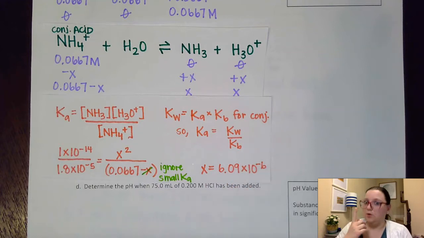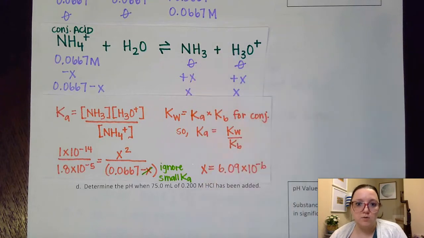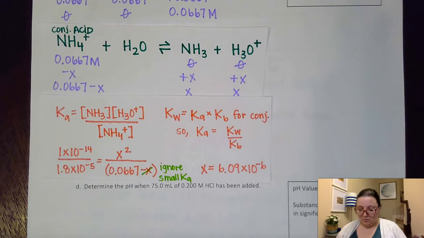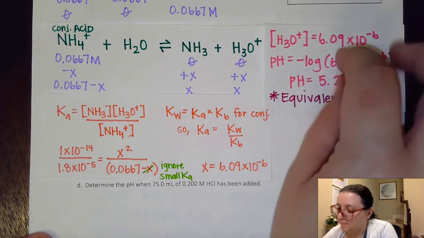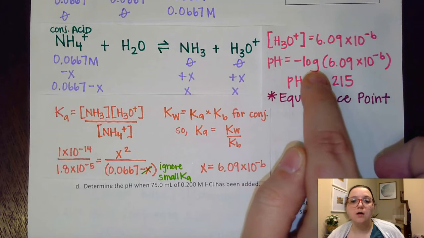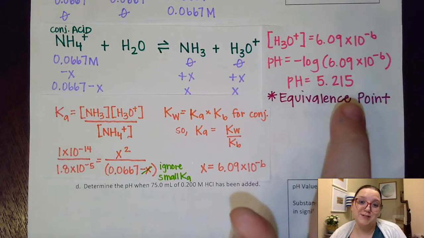So now, what does x represent? Well, yeah, it represents NH3 at equilibrium, but more importantly, it represents hydronium at equilibrium. And so if I'm trying to get to pH, now I can simply just take the negative log of that hydronium ion and solve for my pH, easy peasy.